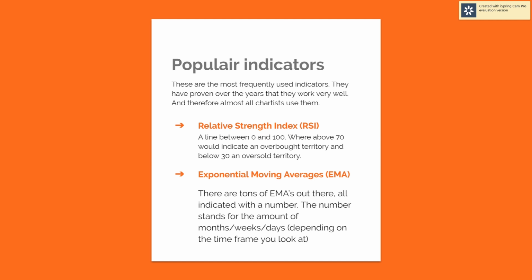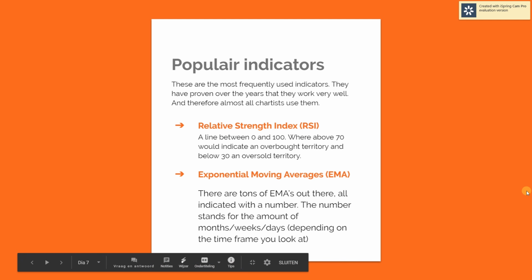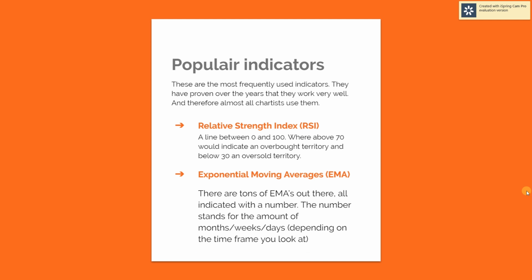We have here the exponential moving average. There are tons of EMAs out there, all indicated with a number. The number stands for the amount of months, weeks, days, hours, or 4 hours, it doesn't matter, depending on the time frame you look at. So let's say we have the 21 EMA.